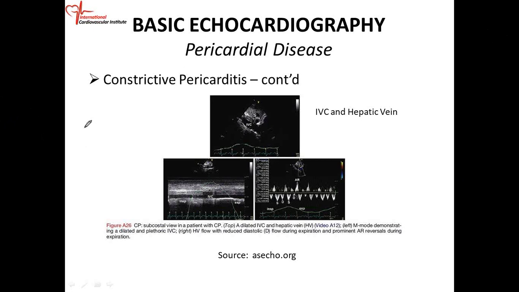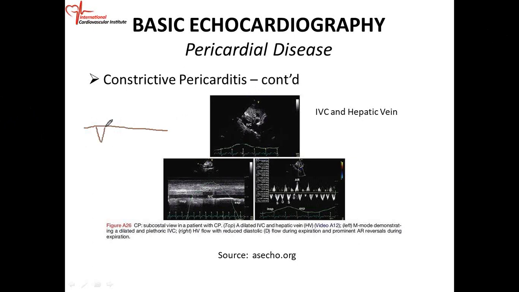So, all right, this is your hepatic vein right here, and your transducer is right here. Your probe is right up here. Blood is flowing from the hepatic vein into the inferior vena cava. It's moving away from the transducer. So in systole, because it's moving away, it's going to be below the baseline.